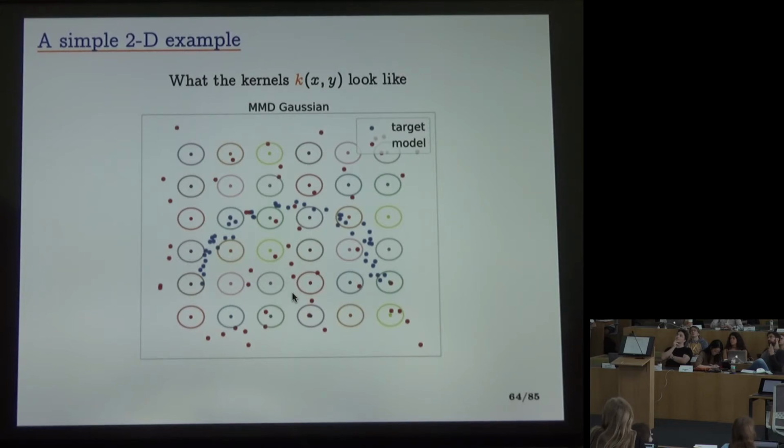This illustration here is to show you what the kernel looks like. I'm evaluating the kernel function at different points in my 2D space. These evaluations are basically uniform across the space, because my kernel is just a standard Gaussian kernel. Everywhere I put the kernel, I get the same shape.